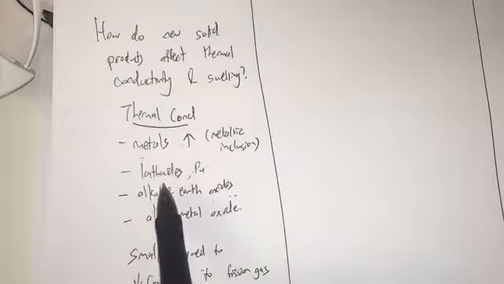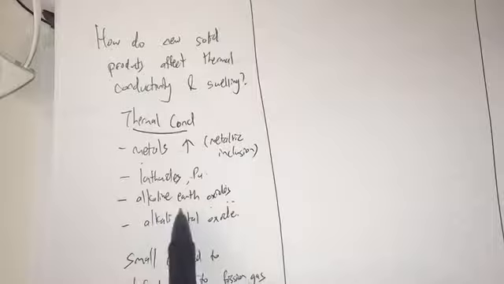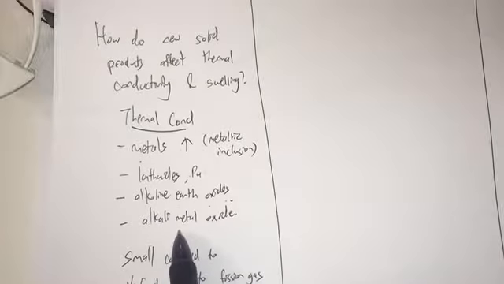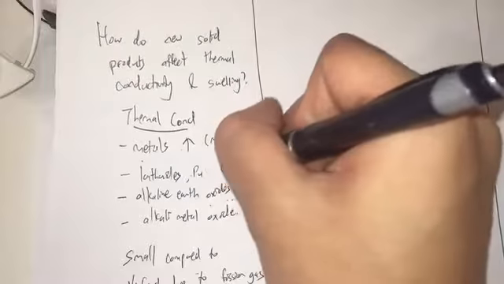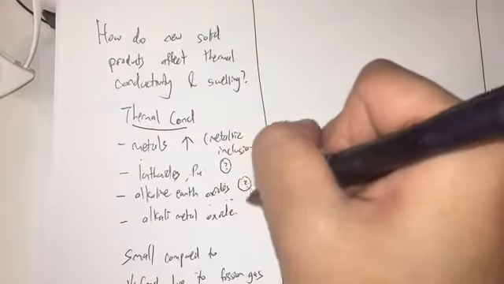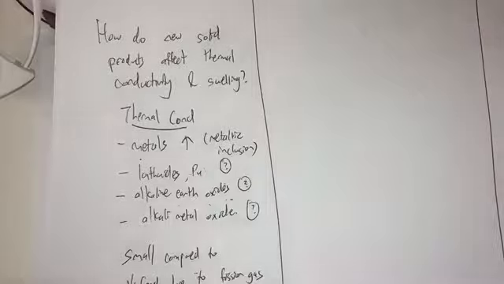So when you generate new lanthanides, new alkaline earth oxides and new alkali metal oxides, these will cause differing effects on the thermal conductivity.